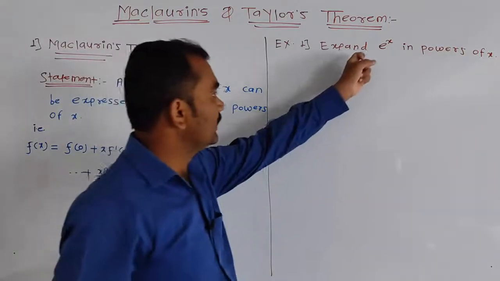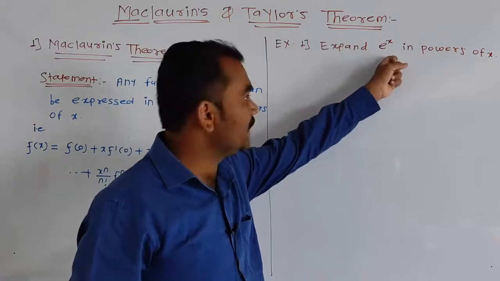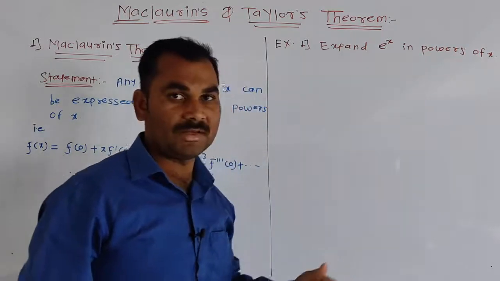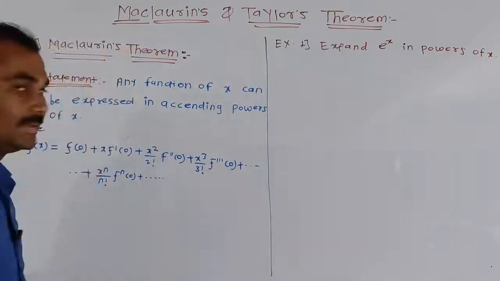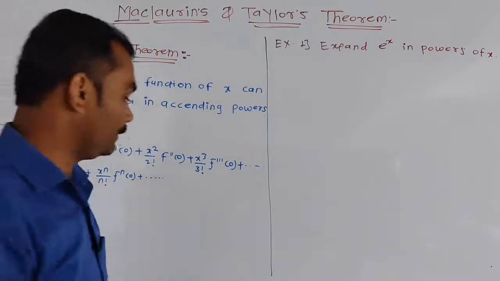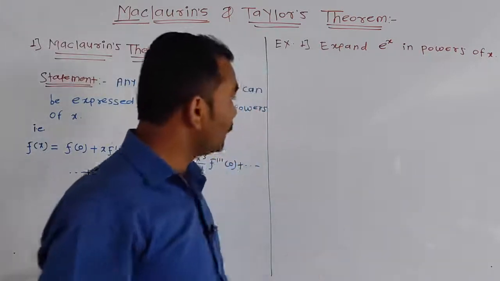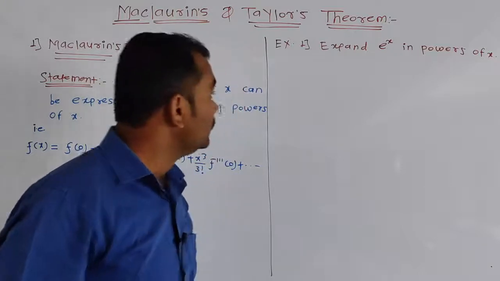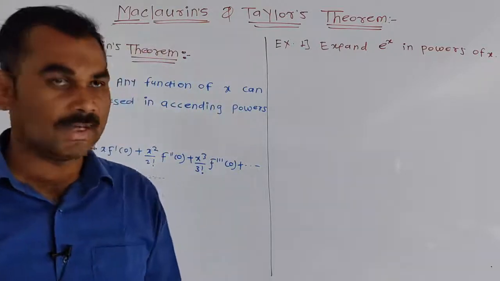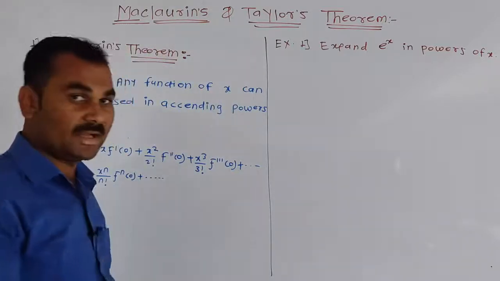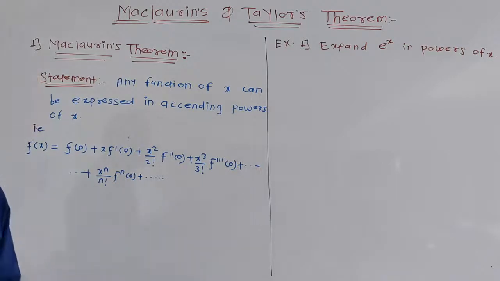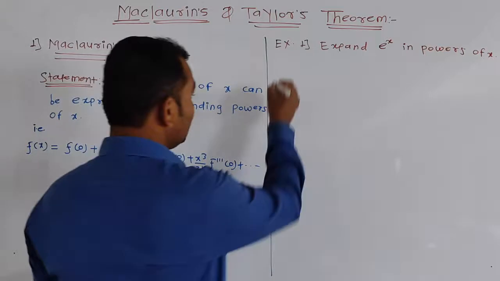Expand the function e raised to x in powers of x by using Maclaurin theorem. Here the given function is e raised to x and we will expand this function in the powers of x by using Maclaurin theorem.